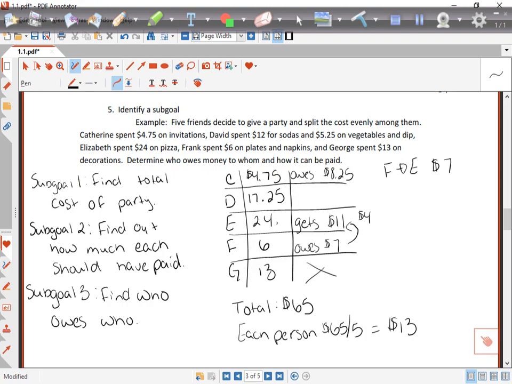David paid too much, so he should still get $4.25. David should get $4.25 and Elizabeth should get $4, and that happens to add up to exactly what Catherine owes, so she could pay both of them. Catherine would pay David $4.25, and then Catherine would pay Elizabeth $4.